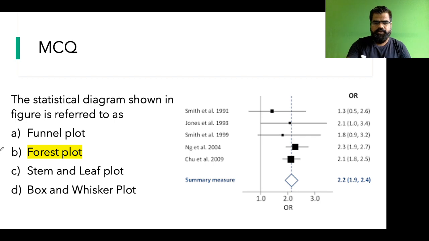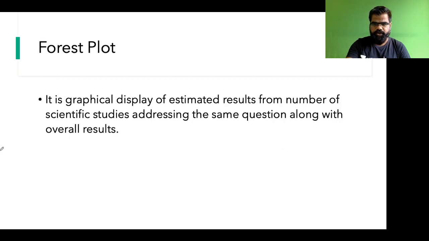Now let's try to understand what a forest plot is. As you saw in the picture, students, it is a simple graphical display of the estimated results from a number of scientific studies, meaning all the studies which we have taken, and all the studies address the same question.